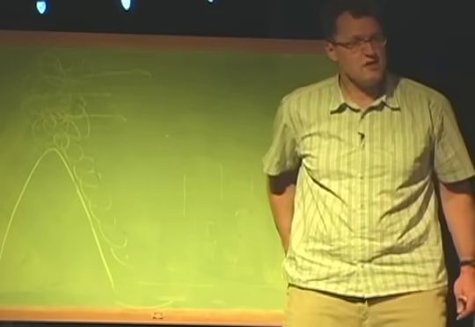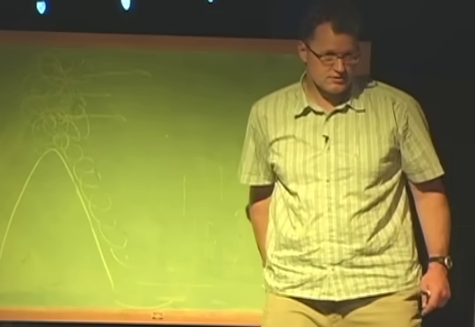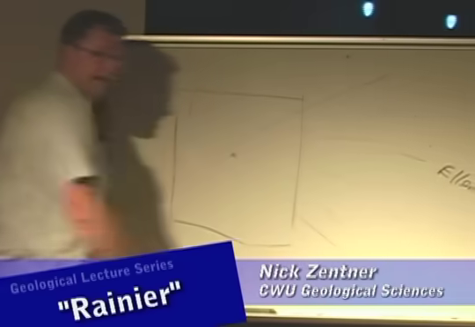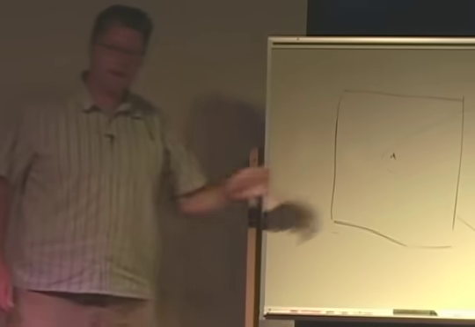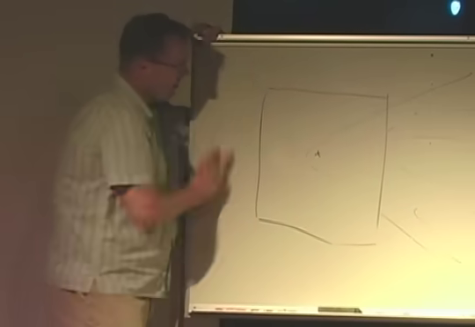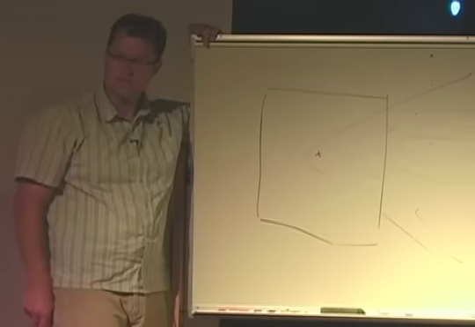You do not want to be in the path of one of these. Got some video for you in just a bit. So that could be any particular trajectory coming away from the composite cone. Really no good way to predict the direction that that's going. And if this is Rainier, we have ash flow deposits not far outside of the national park.